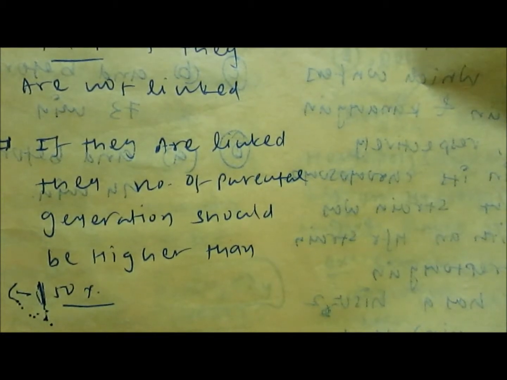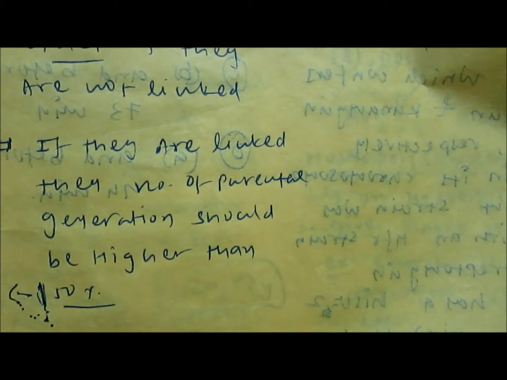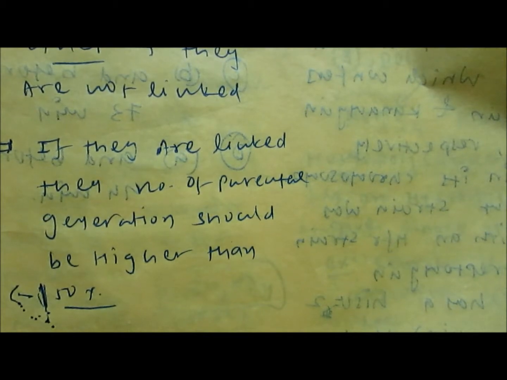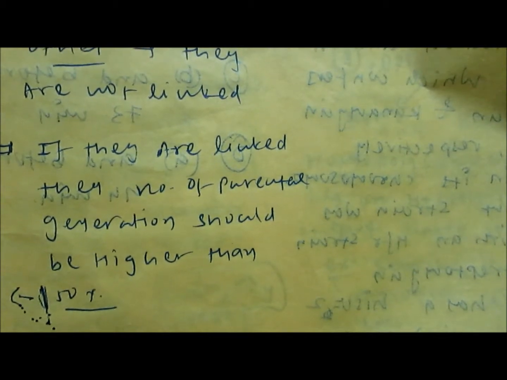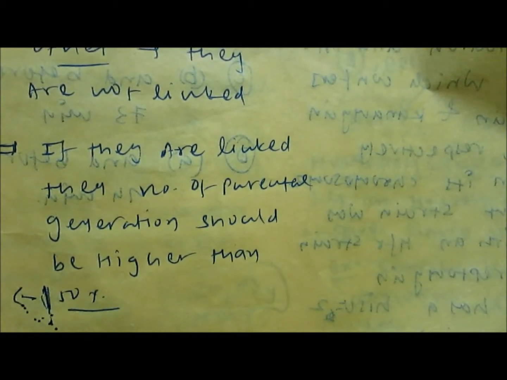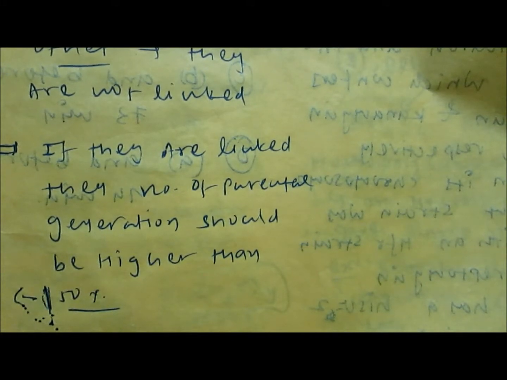So if parents are 60% and the remaining 40% are recombinant, then we can say that yes, it may follow linkage rules, meaning the genes are linked with each other. But if the parents are 50 and recombinants are 50, then it again follows the 1:1 ratio, that is, the Mendelian rule of genetics. So obviously the distance between the marker gene and the flower gene is higher, since they are far apart.